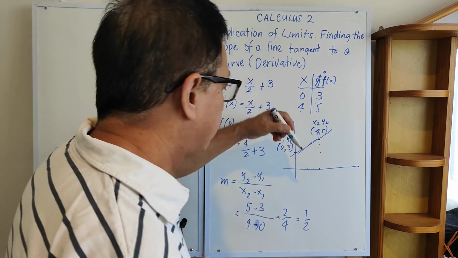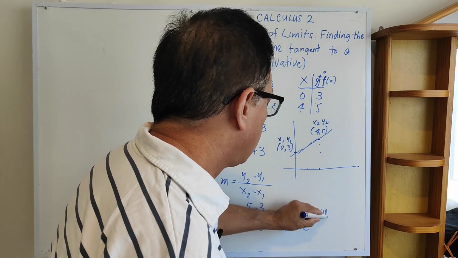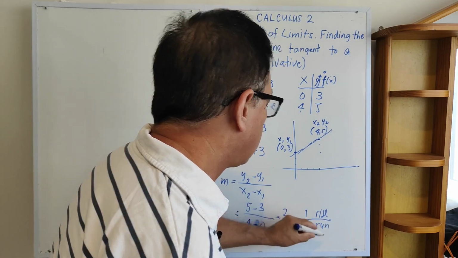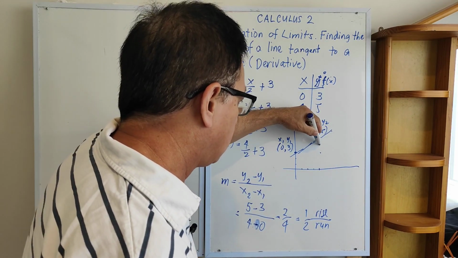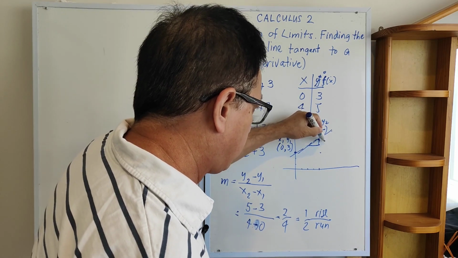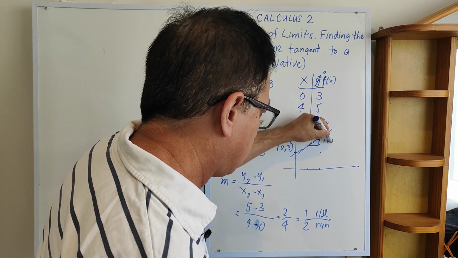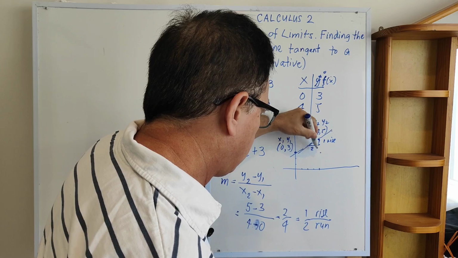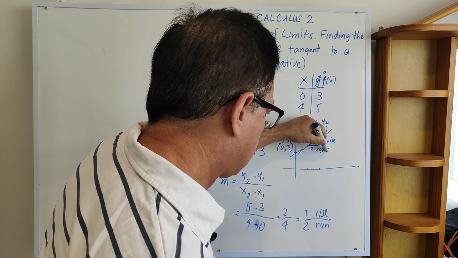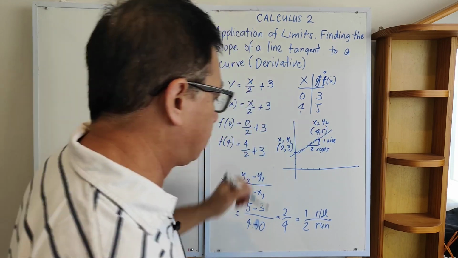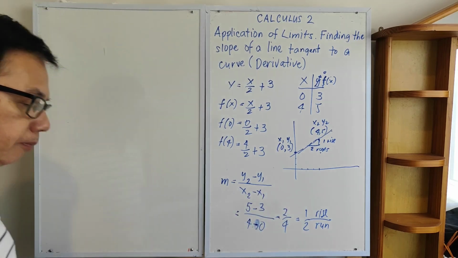It means that this is your rise, this is your run. So for every 1 of rise, there will be 2 runs. So 1 is to 2, so 1/2. That's your slope.